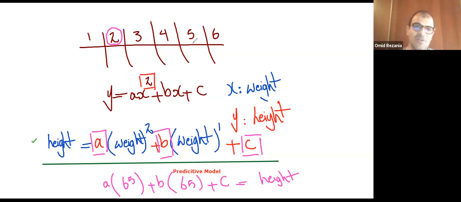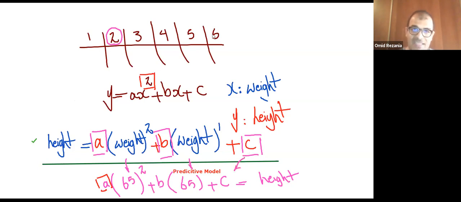In order to do that, I see the importance: it has to be 65 first to the power 2, because it comes from this one. This comes from this, and this one is this.